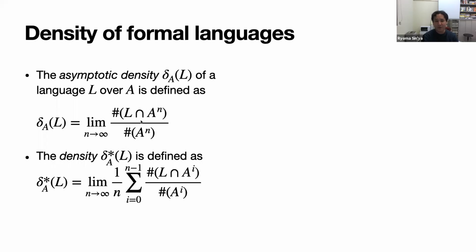The value of this fraction represents exactly the probability that a randomly chosen word of length n is in L, okay? And then the asymptotic density takes the limit of this probability. And then the density, sometimes called the average density, takes the average of the probability, okay?